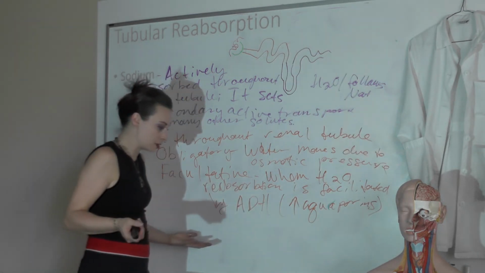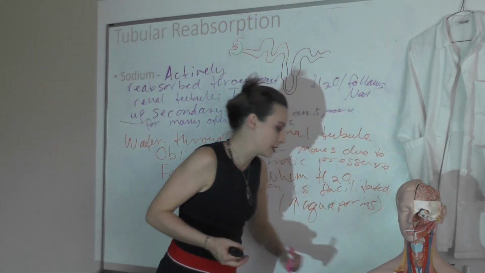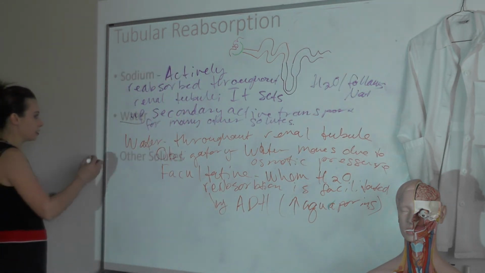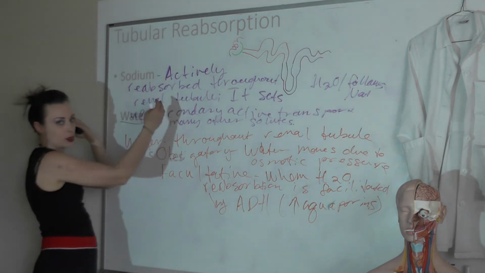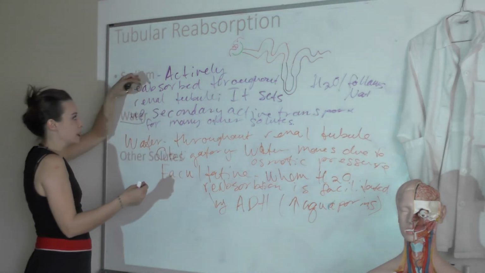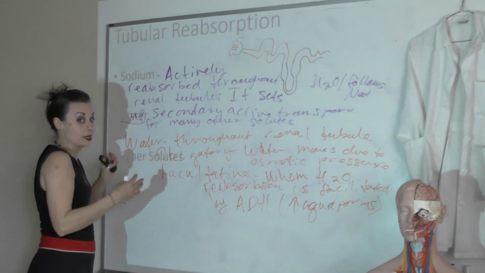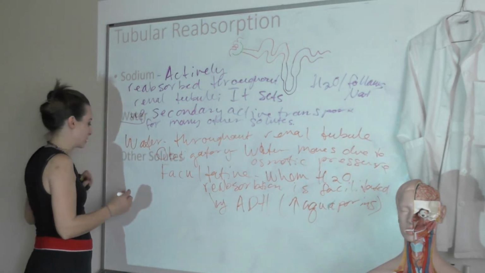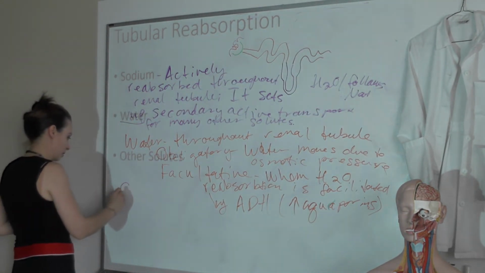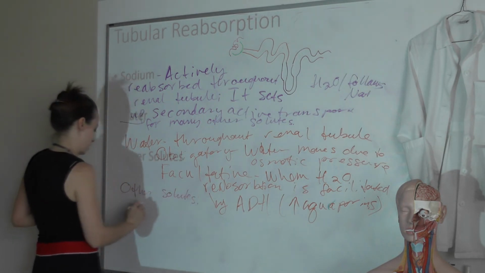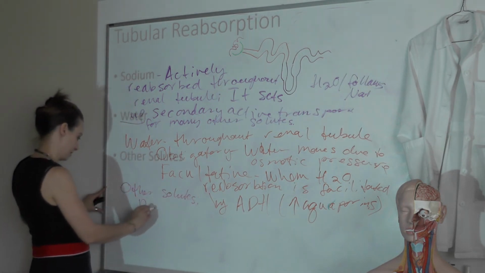Okay, and then other solutes are going to be reabsorbed according to the body's need. And again, this is going to primarily be driven through secondary active transport. The concentration gradients are established during the primary active transport of sodium. So for other solutes, we'll say they are reabsorbed as needed.